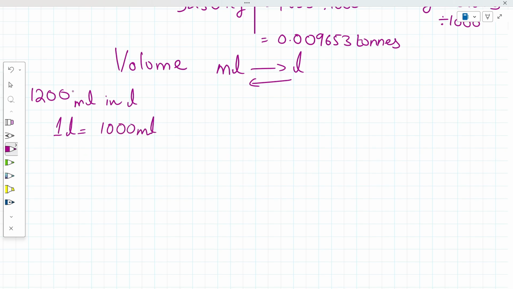So we are going from a smaller unit to a greater unit, so we divide 1200 by 1000. The point moves three places, so it is 1.2 liters. I hope it is easy.